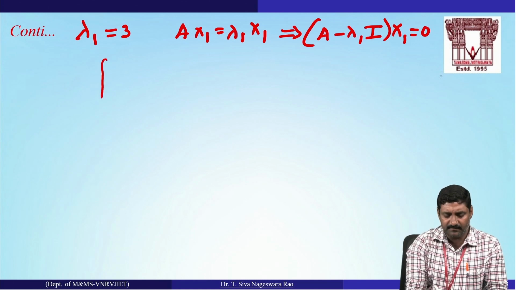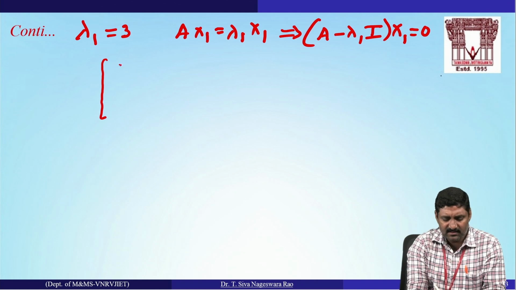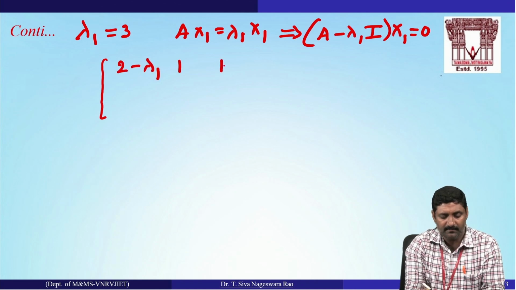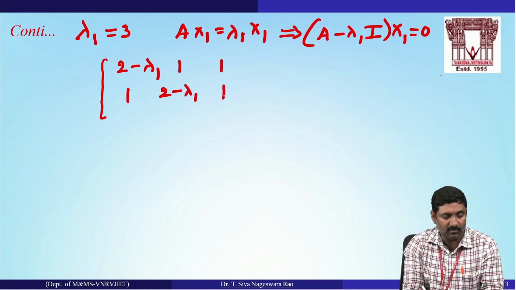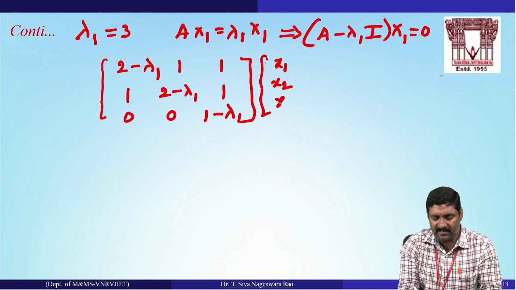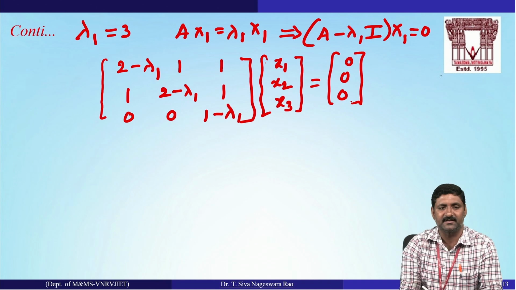I will write this as A minus lambda 1 multiplied by I, multiplied with x1 is equal to 0. Now I am going to write A minus lambda 1 I, that is 2 minus lambda 1, 1, 1; 1, 2 minus lambda 1, 1; 0, 0, 1 minus lambda 1, multiplied by the column vector x1 containing 3 elements x1, x2, x3, on the right hand side the column 0 matrix.